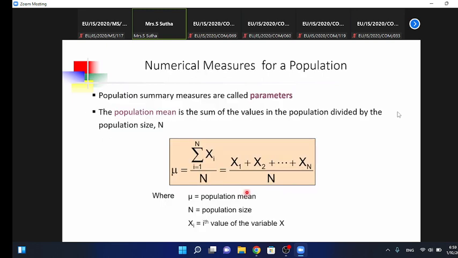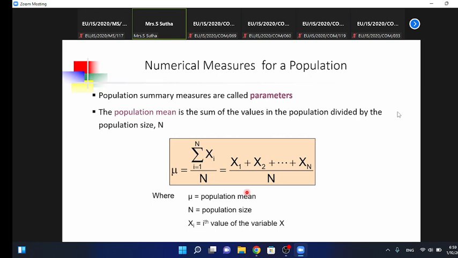Here, two measures I am leaving for you to calculate. You have to look at your reading material uploaded in the section and note the measures of skewness, using the mean, median and the mode, how we can calculate the skewness and how we can calculate the kurtosis, and their interpretations.